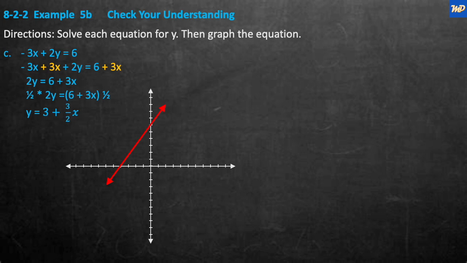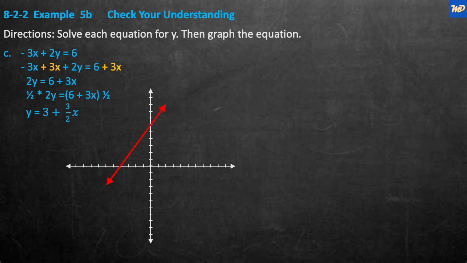Okay, so check your understanding. Example 5b. Directions: solve each equation for y, then graph it. So in this case, we have negative 3x plus 2y equals 6. So we have to do as usual in the past. We have to move the x to the right-hand side to get the y by itself on the left-hand side.